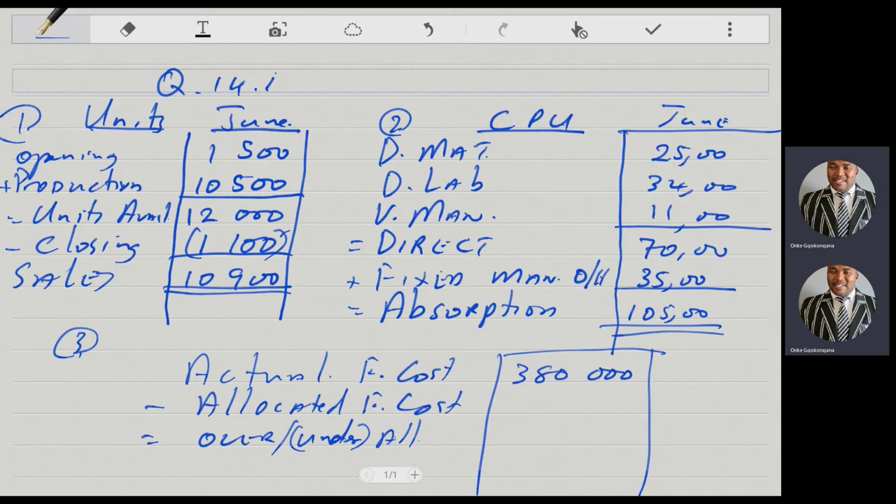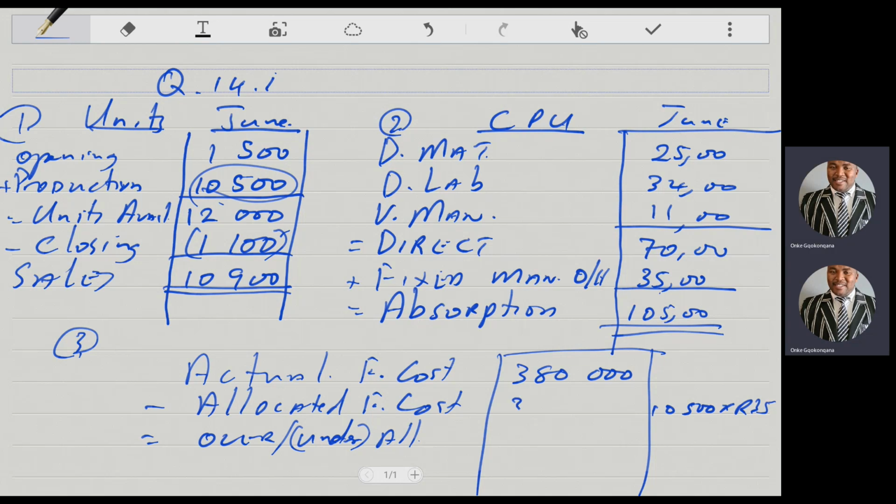Then allocated, we're going to calculate the allocated. So there's your production: you've got a production of 10,500 times the allocation per unit, which is 35 rands. Because remember, we've allocated this fixed cost to the production. That is why we take 10,500, our production amount.